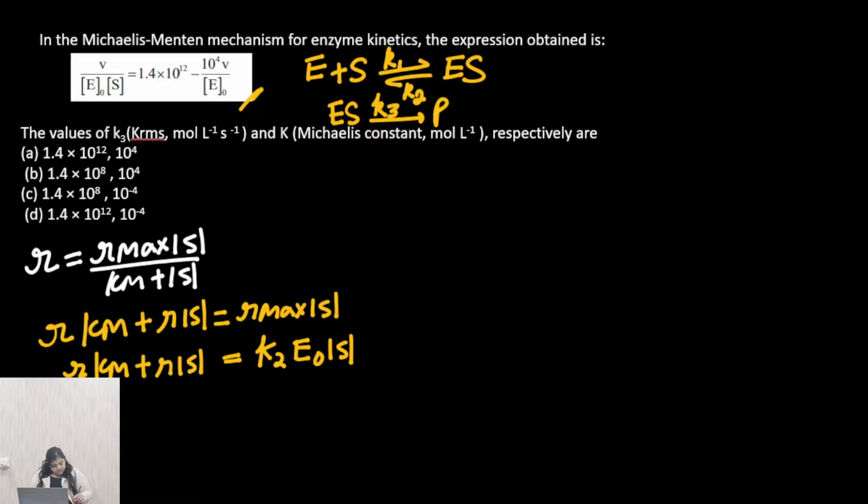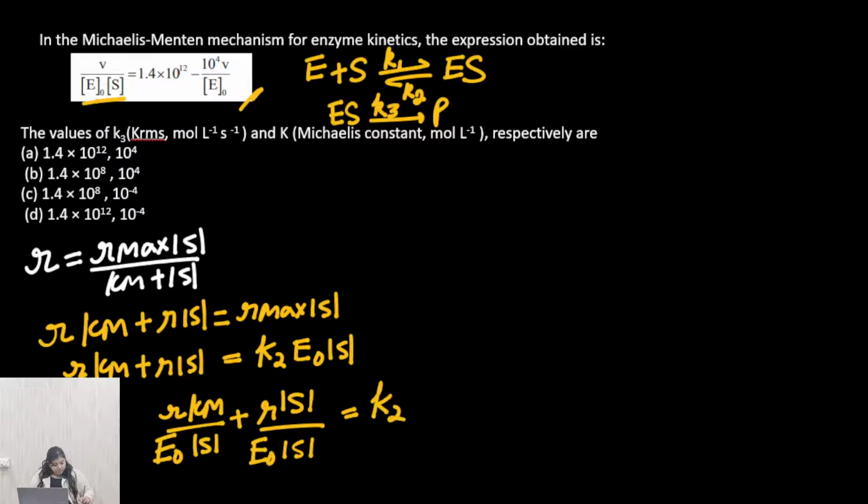So you can see in the given expression E naught upon S is in the denominator. So you can divide the whole equation with this. We are getting R Km upon E naught into S plus R into S upon E naught into S, equal to K2, right?